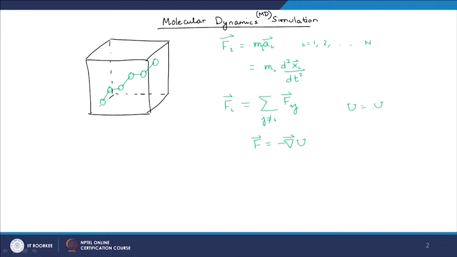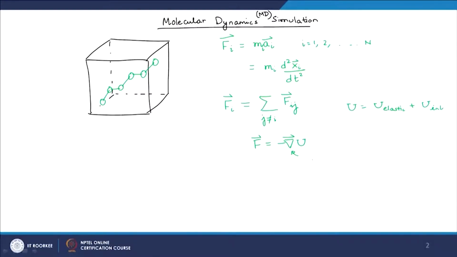So, U is the elastic energy plus interaction energy, and the derivative is taken with respect to the position of the bead i. So, this is actually dou by dou x i to be precise.